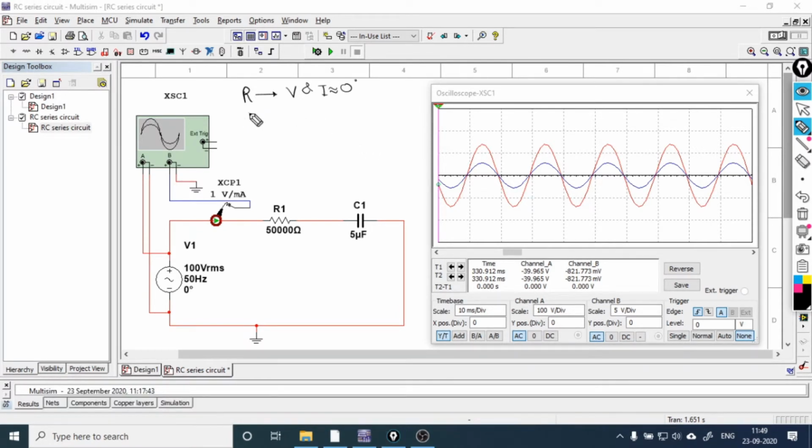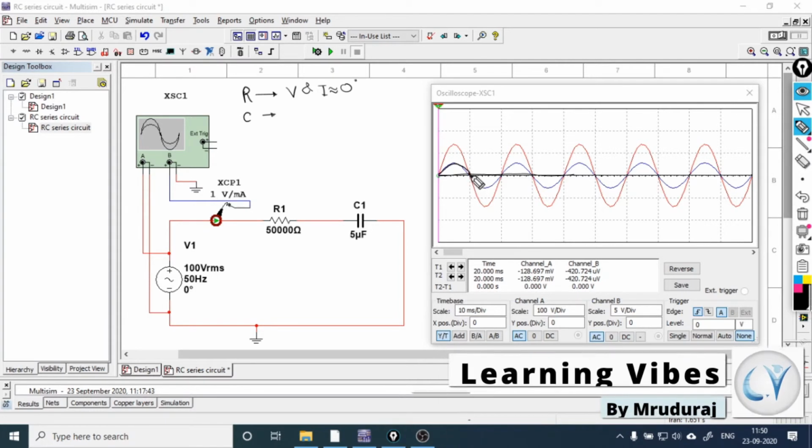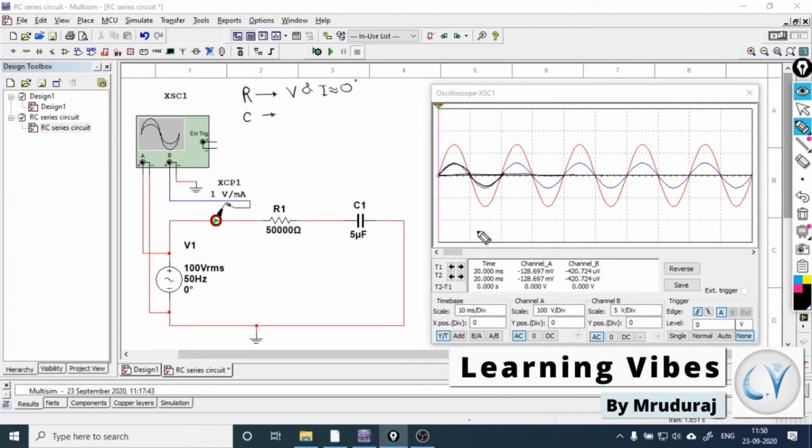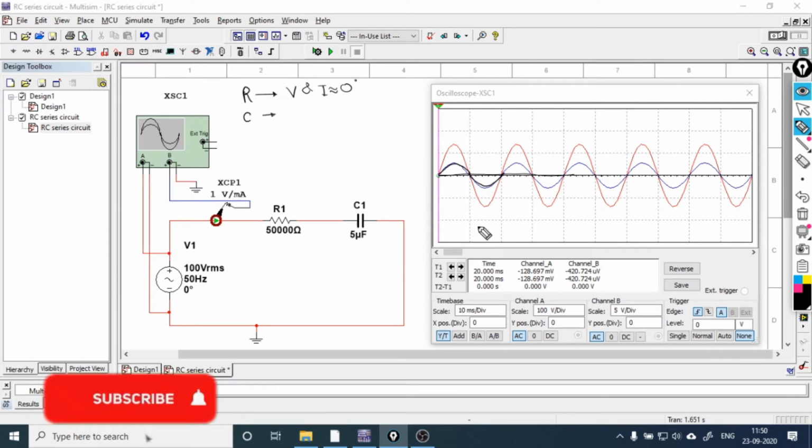If we talk about a capacitive circuit, let me draw this. I have drawn the waveform of current when the circuit is purely resistive.